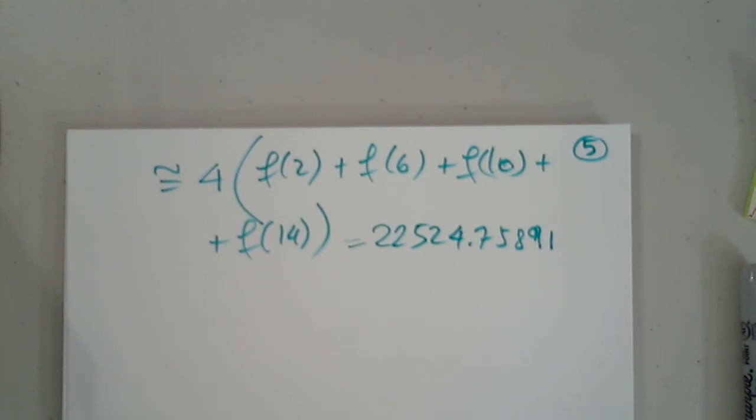So I was wondering if I forgot to multiply by 4. No, that's not it. No, because 10,000 times 4, it was not going to be that. It was 2, 6, 10, and 14. Not sure.